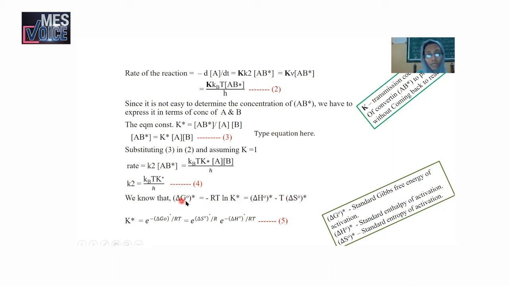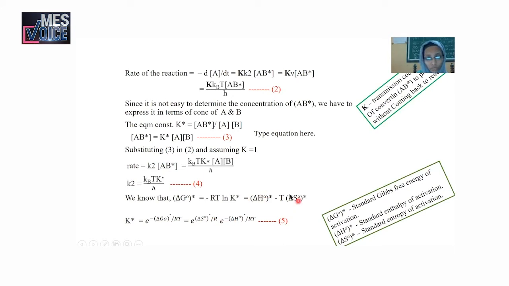So delta G0 star is equal to minus RT ln K star, which is equal to delta H0 star minus T delta S0 star. That is, K star is equal to e raised to minus delta G0 star divided by RT, which is equal to e raised to delta S0 star by R into e raised to minus delta H0 star by RT.